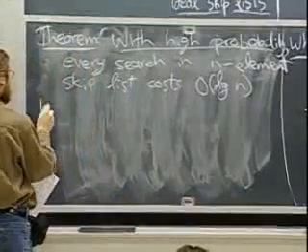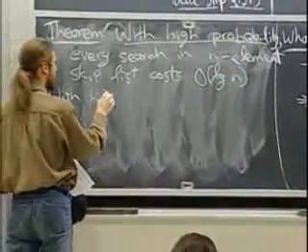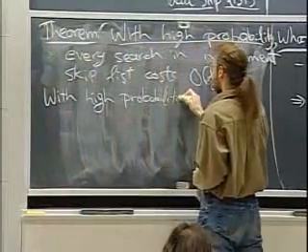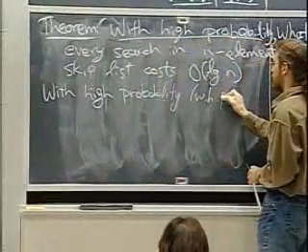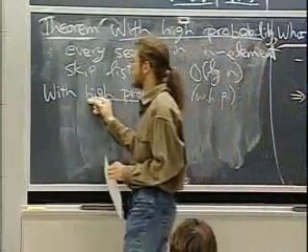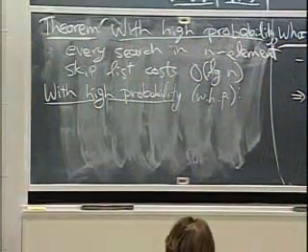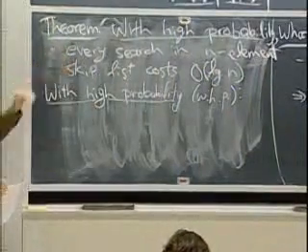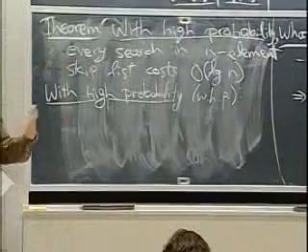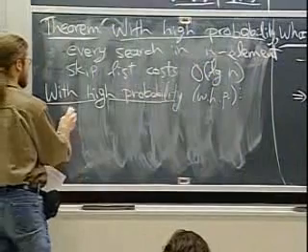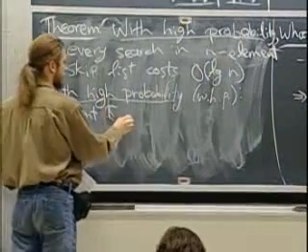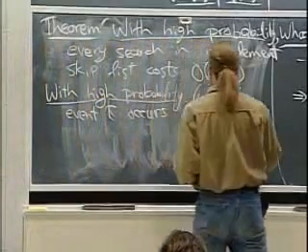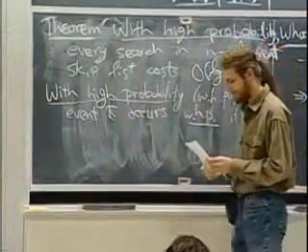So, with high probability. It's a bit of a long phrase, so often you can abbreviate it WHP. If I have a random event, and the random event here is that every search in an n-element skip list costs order log n, I want to know what it means for that event to occur with high probability. So this is the definition.